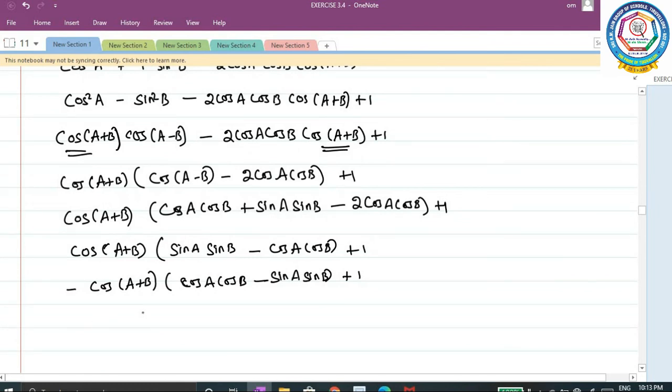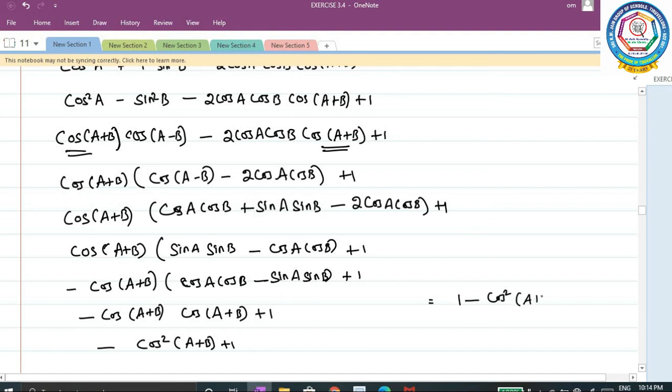We know the formula, cos(A+B) minus cos(A+B) into cos(A+B), then plus 1. That is cos²(A+B) with a minus, plus 1. Now I am arranging that: 1 minus cos²(A+B).